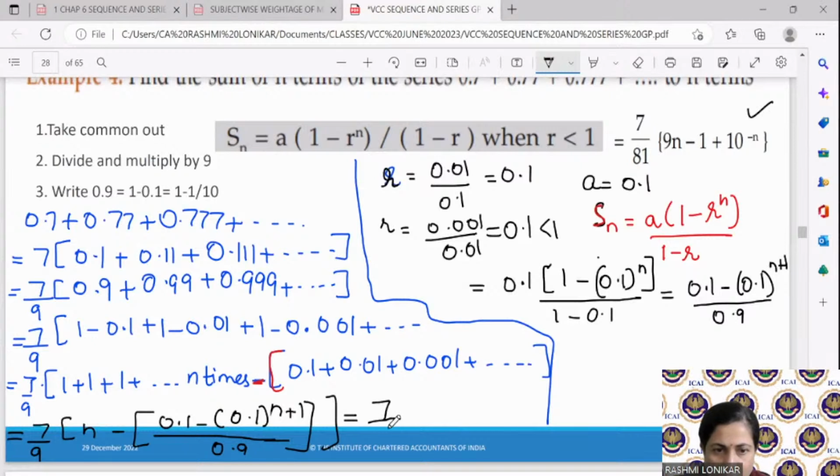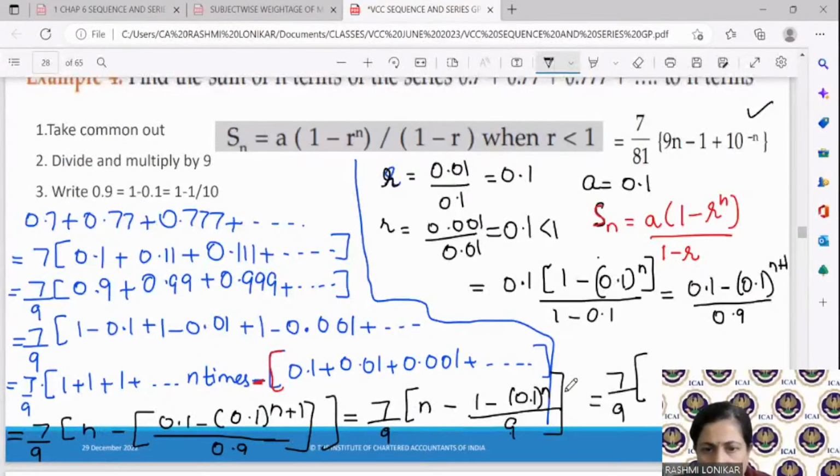This is equal to 7 upon 9 into bracket n. 10 into 0.1, you will get 1, minus 0.1 raised to n upon 9. Okay. So this 9, I take it outside. So this becomes 7 upon 9.